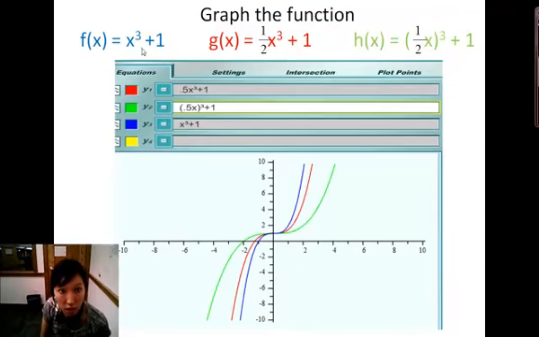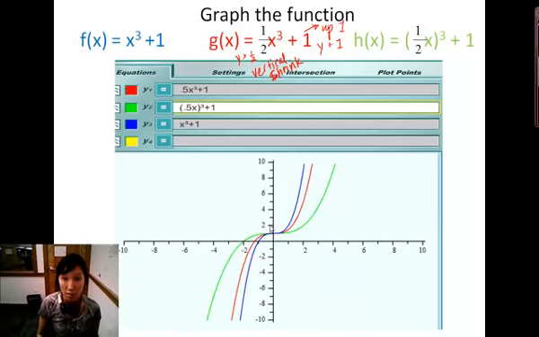Okay, so I have x cubed plus 1, there's my blue line again. And this time I'm going to mark, again, up 1. So the y values are all plus 1. Here we're going to be, again, having the y values times 1/2. So that's going to be doing exactly what we would think. It's a vertical shrink, because we're one-halving all of our vertical values, our y values.